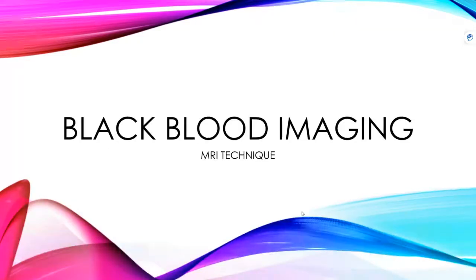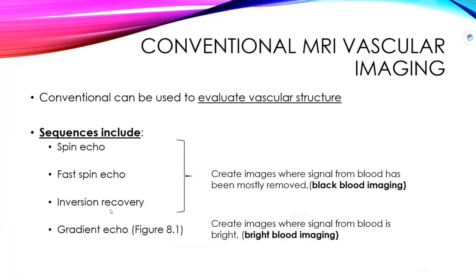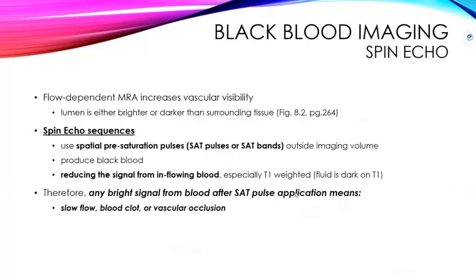So let's look at black blood imaging techniques. Remember, these are spin echo, fast spin echo, and inversion recovery techniques. So in black blood imaging with spin echo, we are going to be using pre-saturation pulses, sat bands or sat pulses. They're all kind of the same thing, multiple different terms that mean the same exact thing. Sat band, sat pulse, pre-saturation.